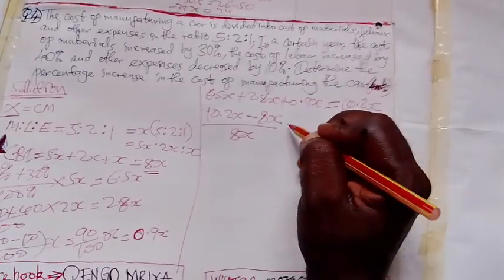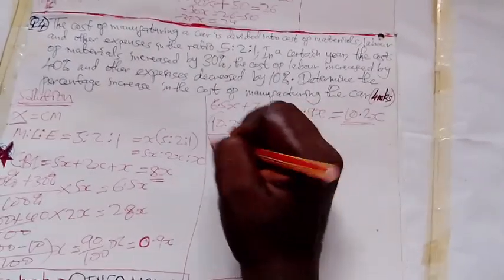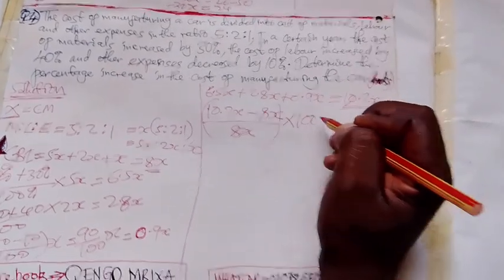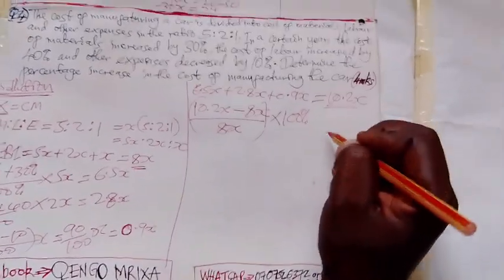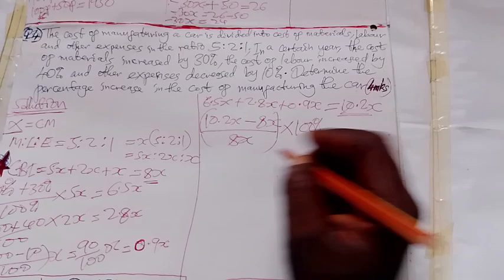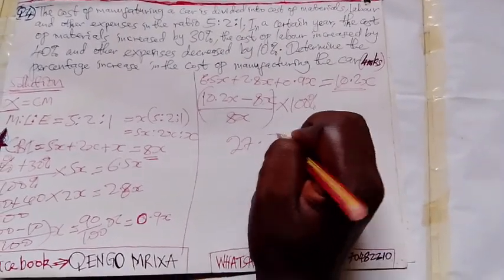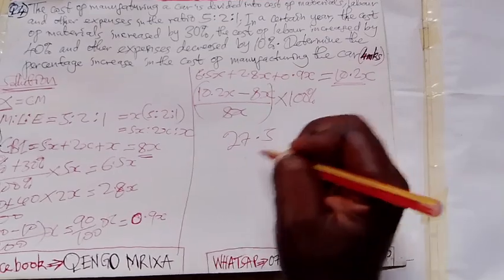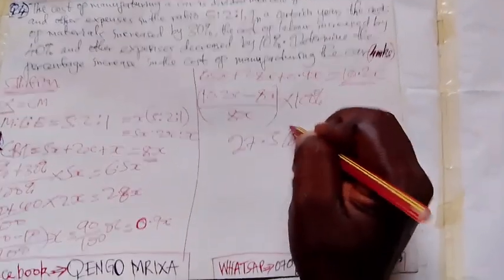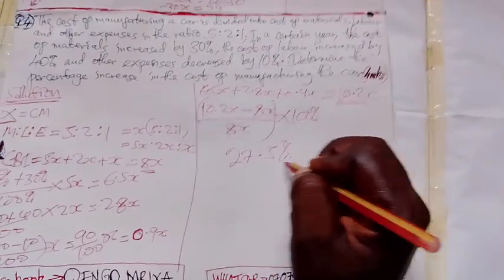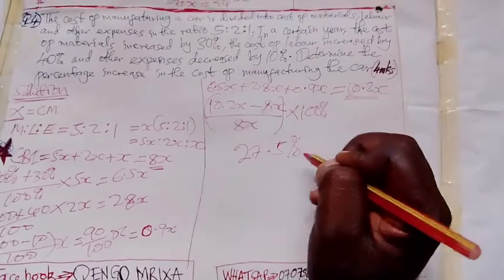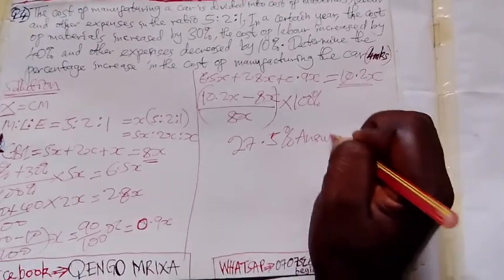Then multiply the whole by 100%, which by using a calculator, you get 27.5. You can round off, but this is the percentage and the answer expected.